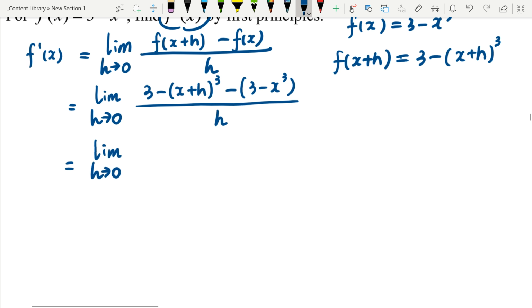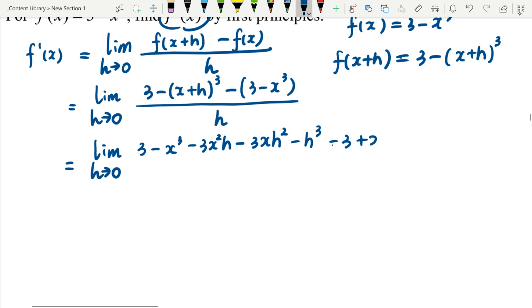Okay, (x plus h) cubed. How to expand that? Not squared, it's cubed. I just directly expand it: x cubed plus 3x squared h plus 3x h squared plus h cubed.